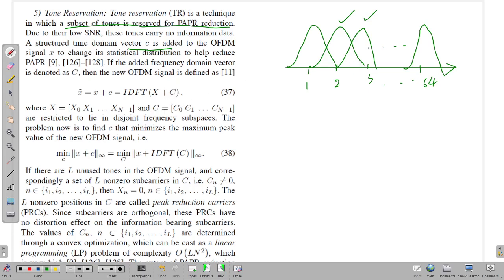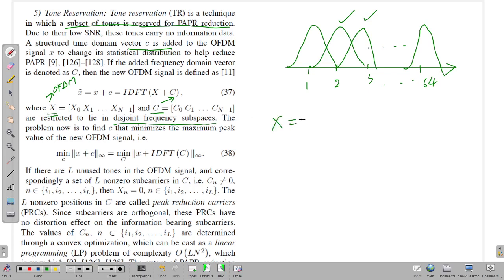X is the OFDM signal in frequency domain, C is this adjustment vector in frequency domain, and they lie in disjoint frequency subspaces, which means they are orthogonal to each other.